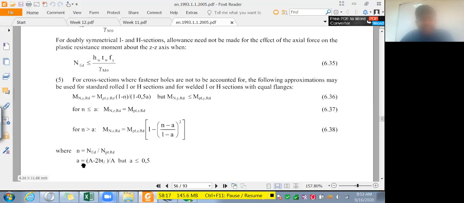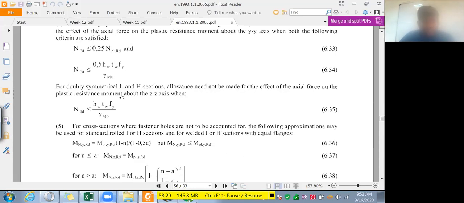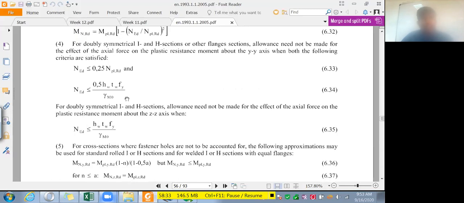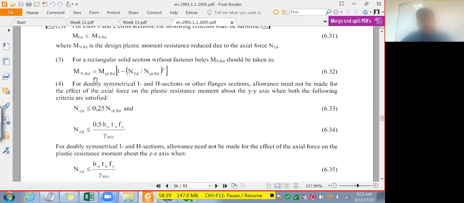What is a? a is equal to (A minus 2btf) over the gross area A. So if you consider these two n and a values, if it does not satisfy this case, then you have to reduce the moment capacity.